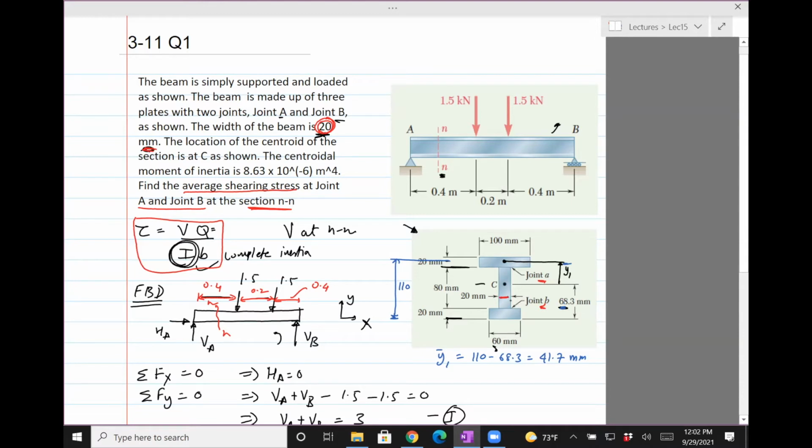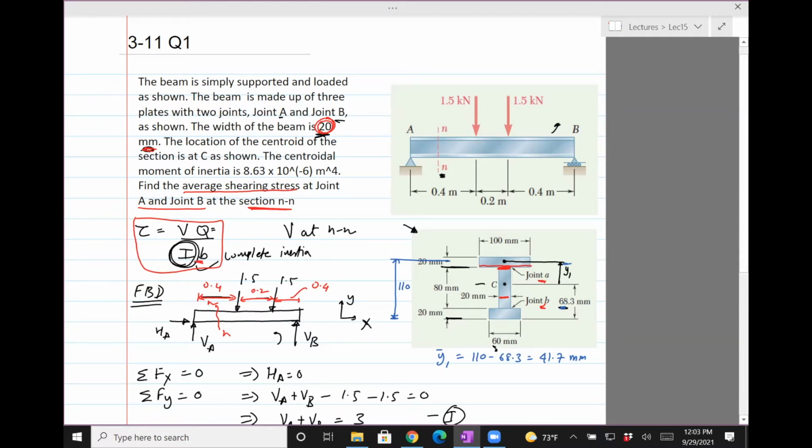When joint A shears, it'll shear across this surface, and we have two choices. We can use 20 mm, which is this, or we could use 100 mm, which is just above it. You can see from this formula that the smaller the b, the bigger the shear stress, and you want to use the worst case shear stress.